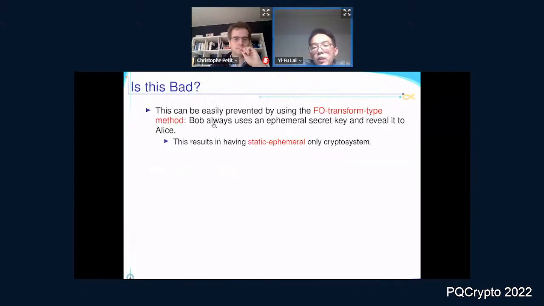And as mentioned in the previous talk, this can be easily prevented by using the FO transform. But the problem is that it will result in a static-to-ephemeral only cryptosystem. A static-to-static cryptosystem, where two parties can use static long-term public keys, is always a more attractive option.